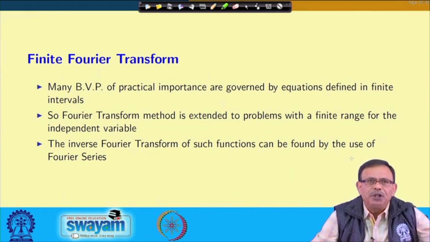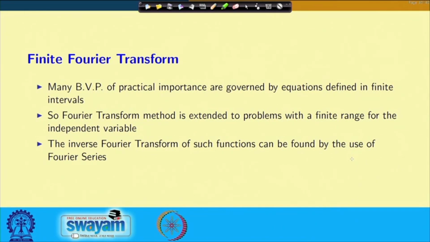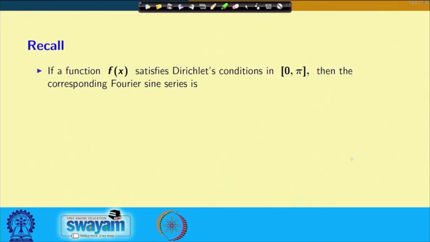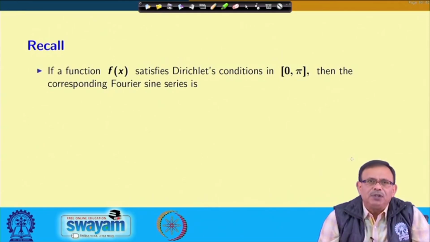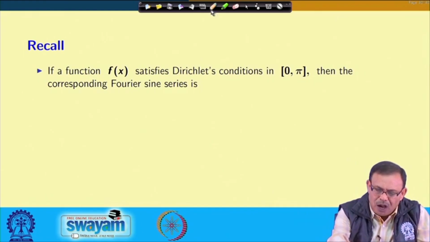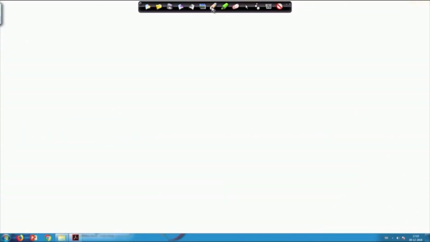If you recall, if a function f x satisfies the Dirichlet's conditions in 0 to pi, then the corresponding Fourier sine series will be f x equals summation n equals 1 to infinity b n into sin n x. This we have done earlier.